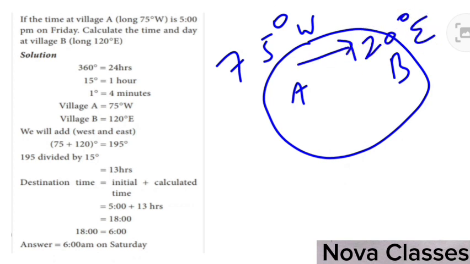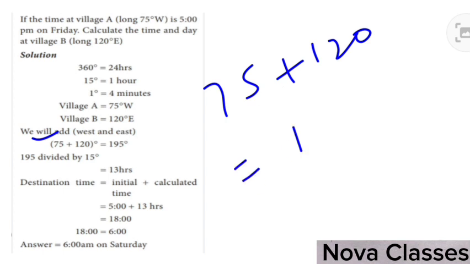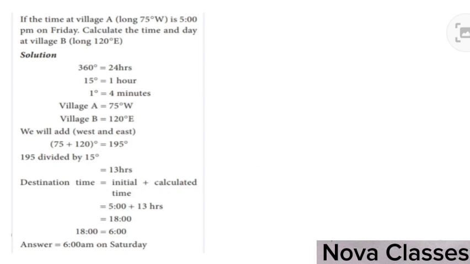So if we see what the distance between them is, it means how many degrees there are. So we can add 75 plus 120. Can you tell me what will come? That will come 195. And we all know that 1 degree equals how many minutes? 4 minutes. So if we divide by 15 degrees, that is 1 hour.